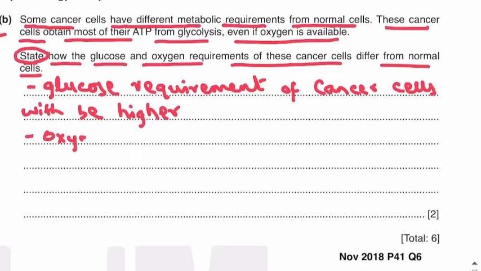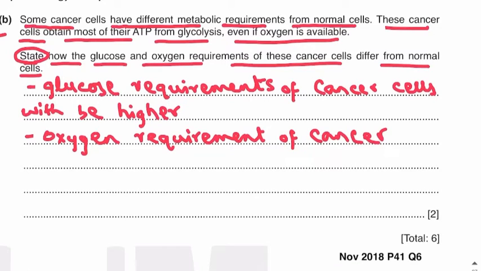We don't need to explain why, because the question says state. So oxygen requirements of cancer cells will be low because they're generating most ATP by glycolysis and very little ATP from aerobic respiration and oxidative phosphorylation.